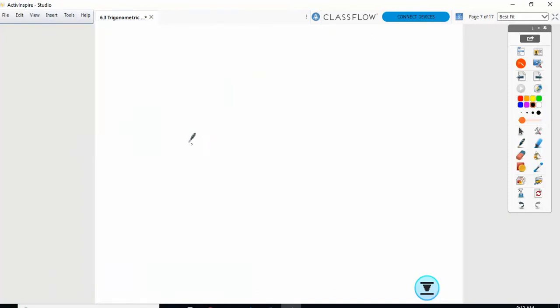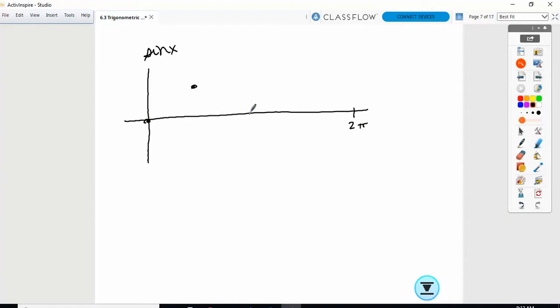Think about the graphs for a second. We know the normal sine graph goes from 0 to 2 pi. Sine starts at 0, goes up to 1, back to 0, -1, back to 0. And when we get to 2 pi, we have one complete cycle of our graph.